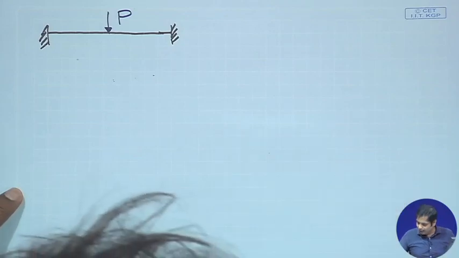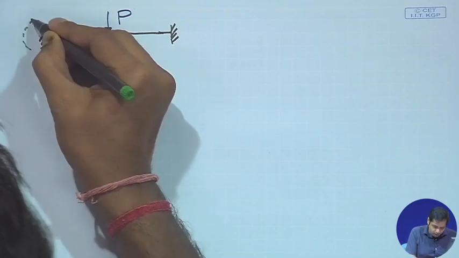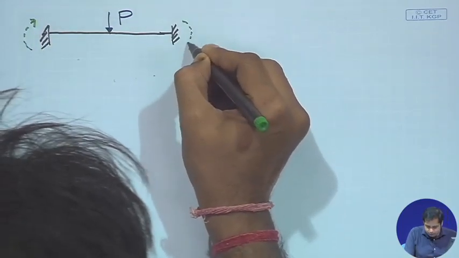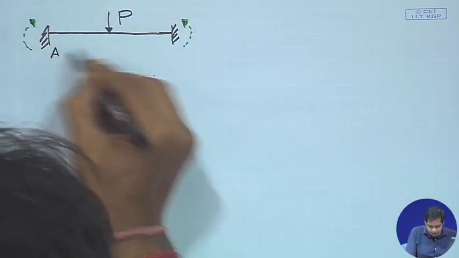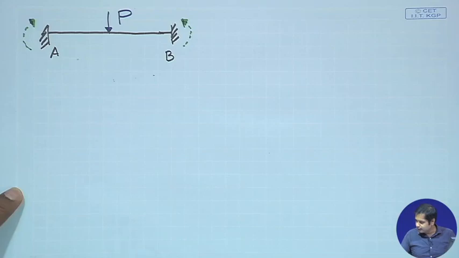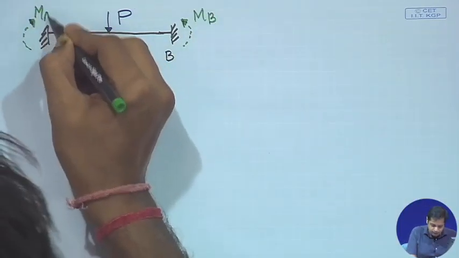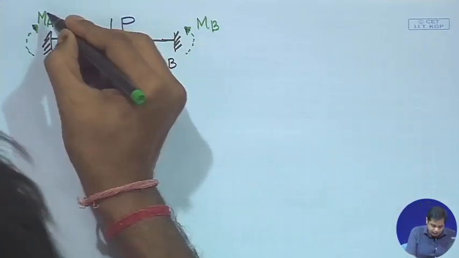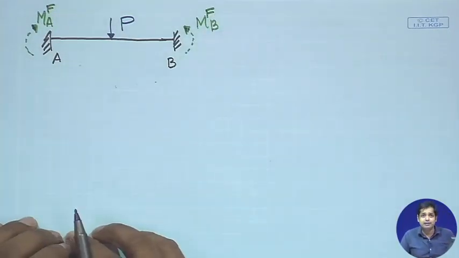And the corresponding moments: this is A, this is B, and say this is MB and this is MA. Or you can use M superscript F to say it is a fixed end moment.